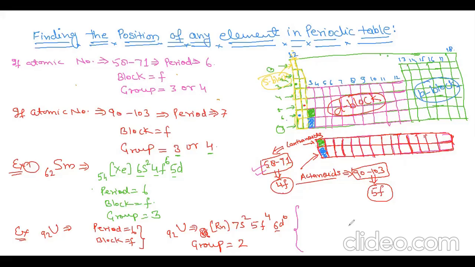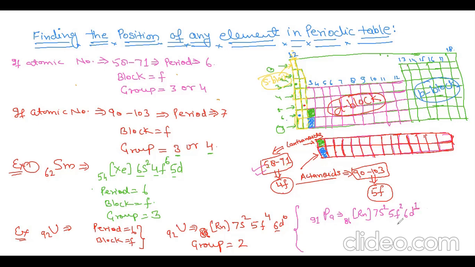Another example, atomic number 91. Its electronic configuration is Rn 86, then 7s2, then 5f2, 6d1.